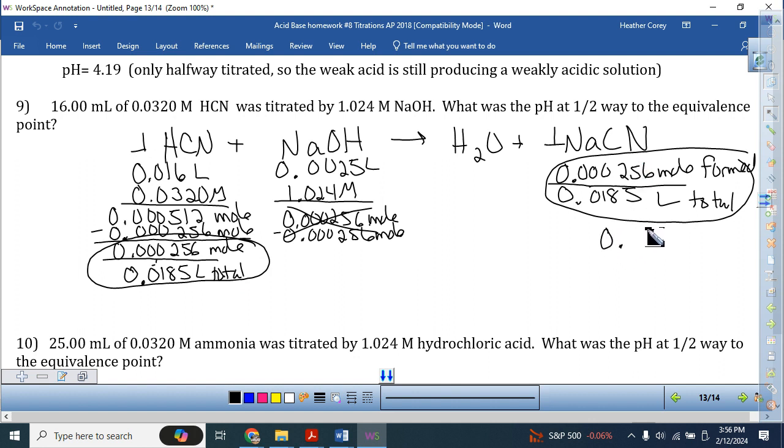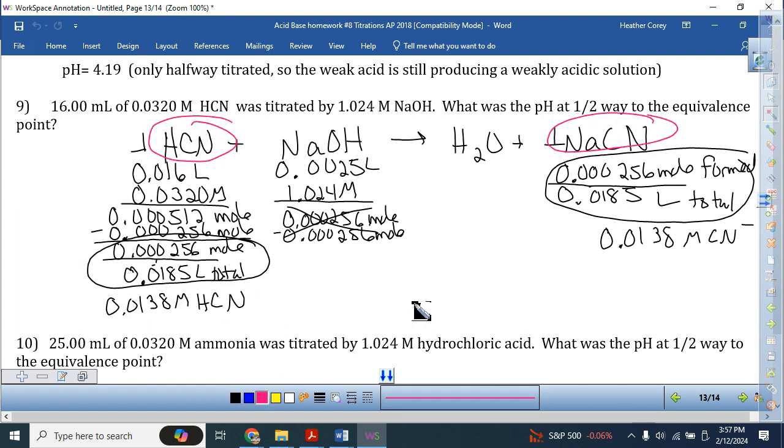So when we divide this, I get 0.0138 molar CN minus, and I'm going to have 0.0138 molar HCN. This is a buffer. We have a weak acid plus its conjugate base present. How much do I have of the buffer? I have equal amounts of the weak acid and the conjugate base. What formula do I use for buffers?